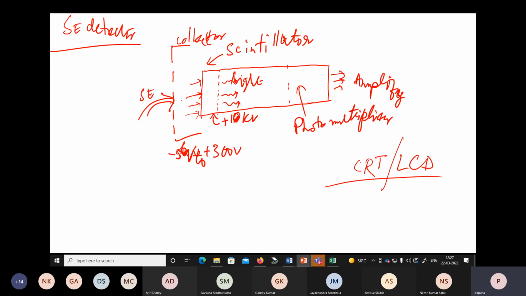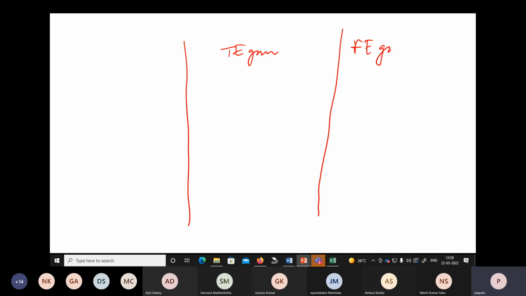So this is all I would like to talk about SEM. Okay, as I mentioned, there are two kinds of guns. One is the thermally generated thermionic electron gun, and the other one is the field emitted gun. So they have their own advantages and disadvantages.